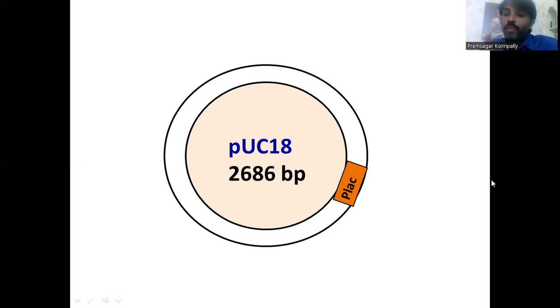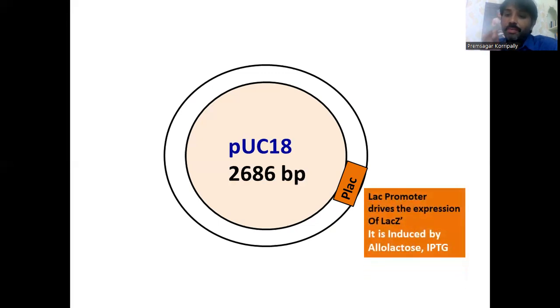The lac operon is on whenever there is lactose and an absence of glucose, right? Here the lac promoter is isolated from that operon and inserted into the pUC18 vector.